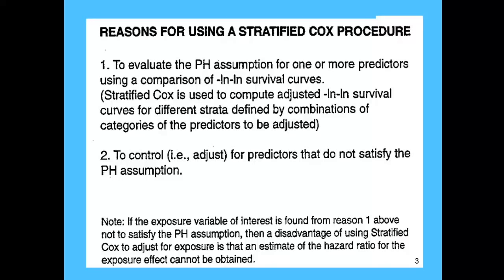Now, what if it turns out, when you check the proportional hazard assumption, that the treatment variable doesn't satisfy the assumption? The treatment variable is like your exposure variable of interest.